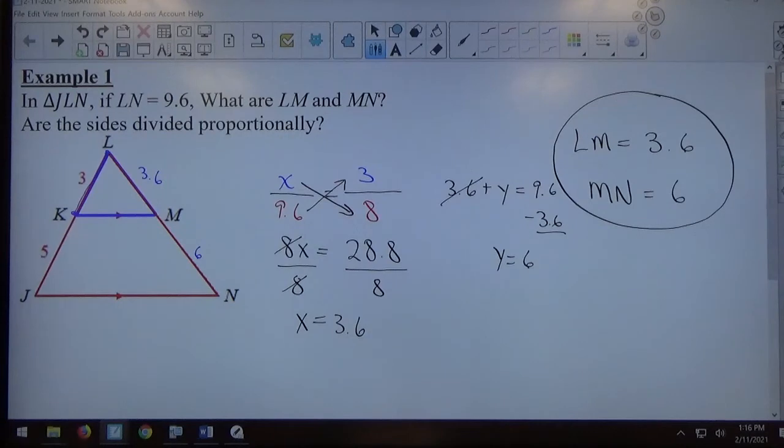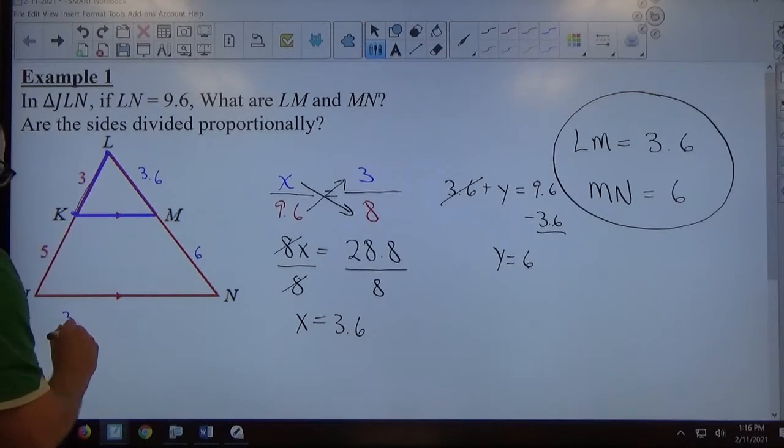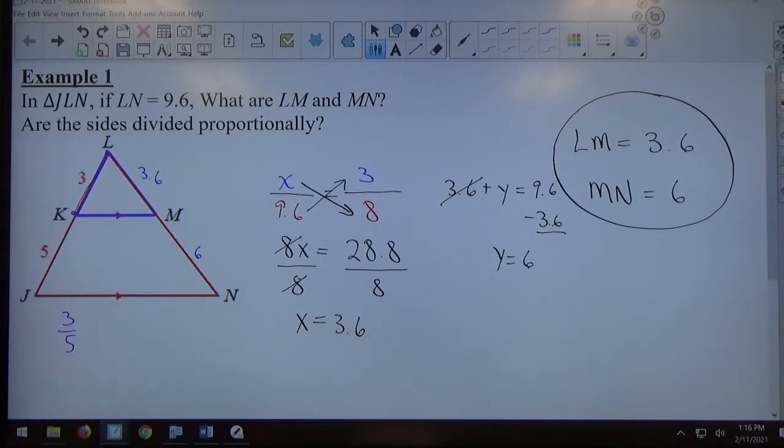They're questioning whether these pieces are proportional to these pieces. We're looking for a proportionality statement there, and we need to verify if they are or aren't. So if I look at 3 over 5, can I reduce 3 over 5? No, that's as reduced as it can get. So I need to see if 3.6 over 6 reduces to 3 over 5.